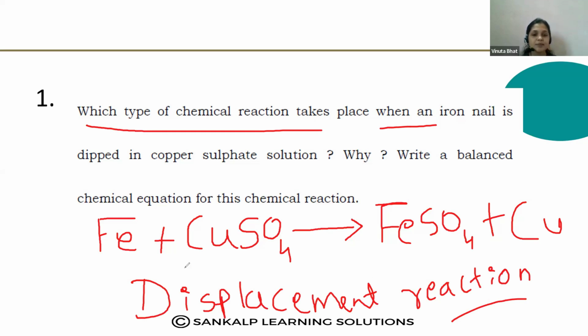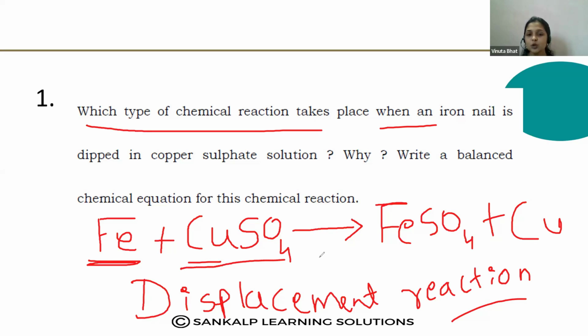Because copper has less reactivity than iron. So this iron is more reactive, so it is displacing the copper from its solution.